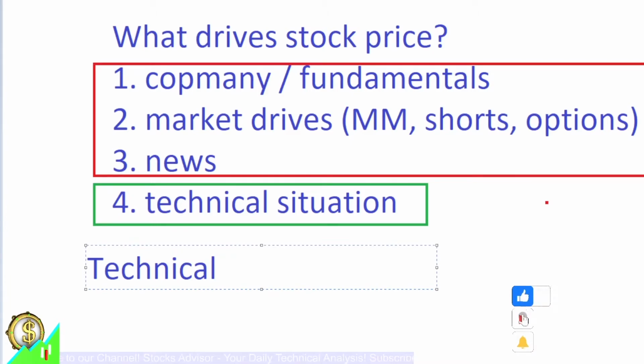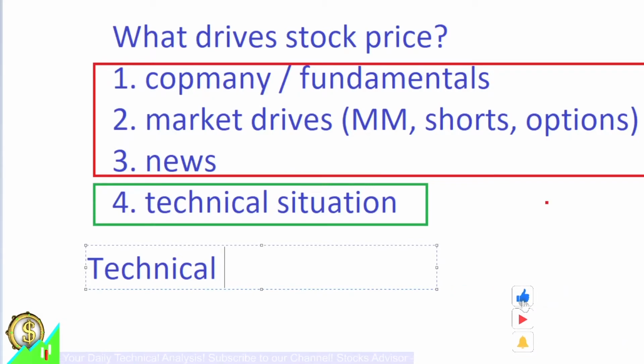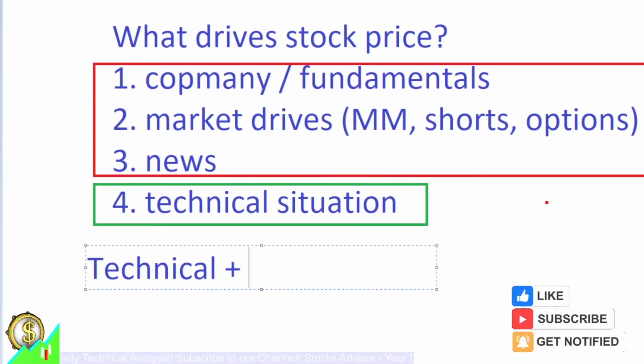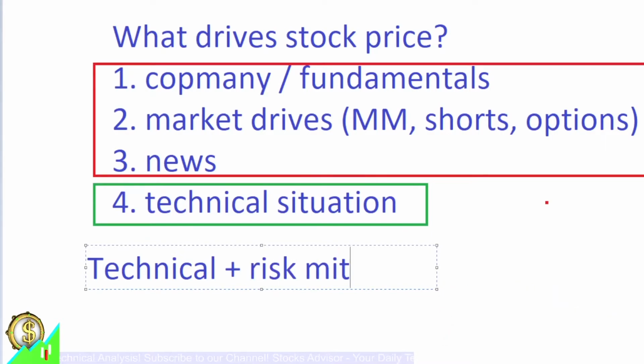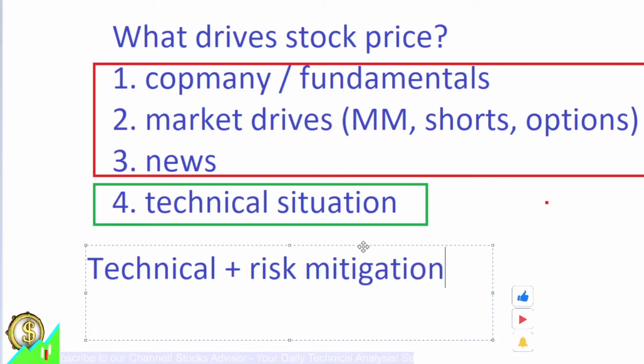But, as I said also, it might be that either you are mistaken or we are mistaken, or suddenly one of those first three drivers kicks in. And these are risks we need to take into account. That's why I said we do risk mitigation. This is our fundamental of trading, our basics of trading. That's how we trade.